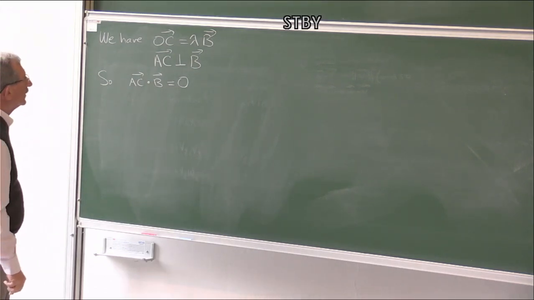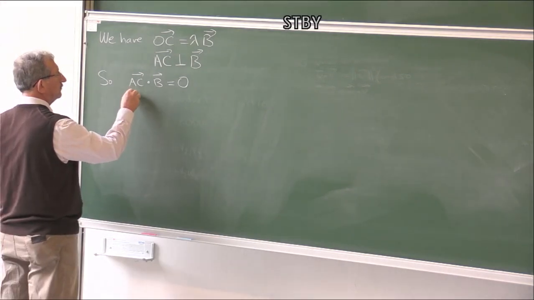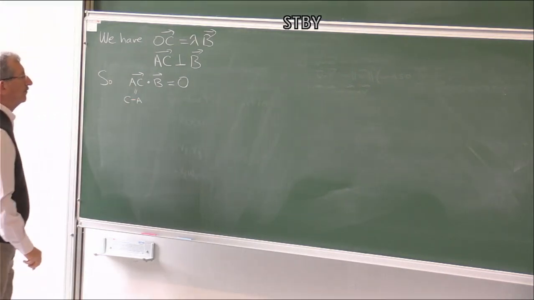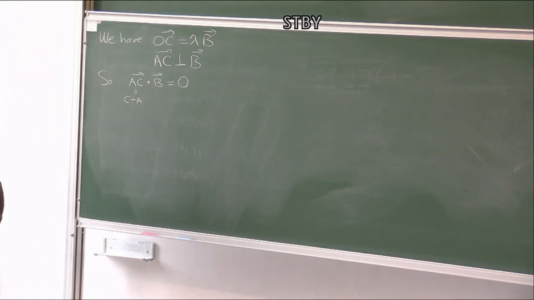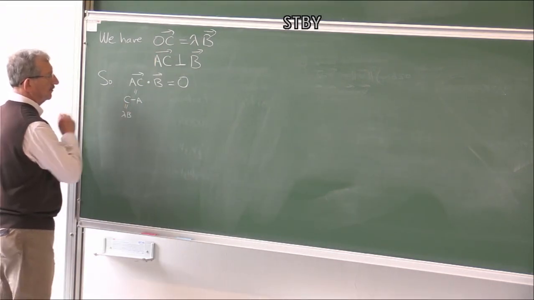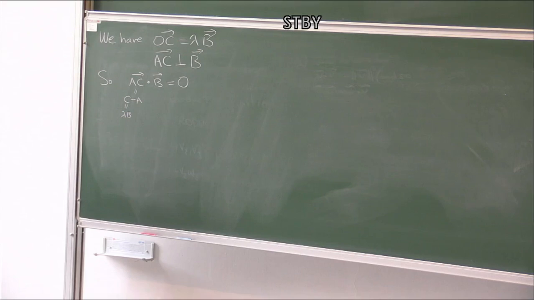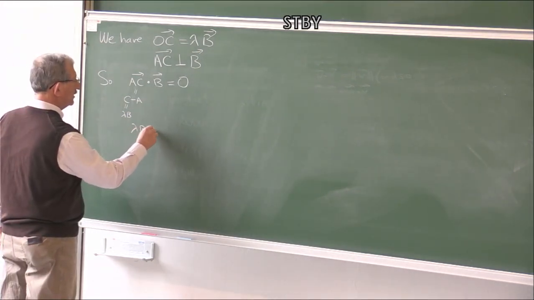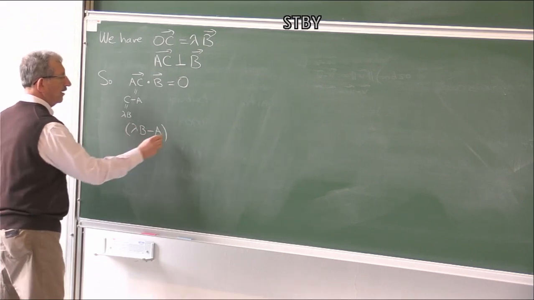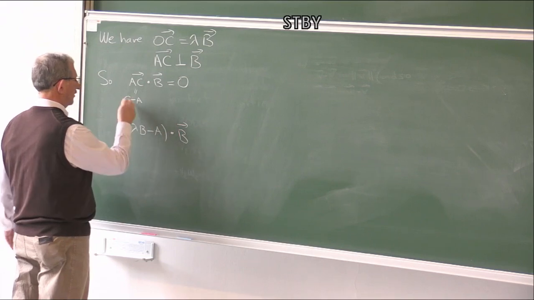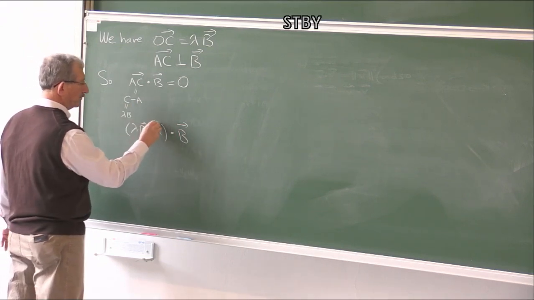Now AC is C minus A, and C, or OC, is lambda B. So putting everything in place, we have lambda B minus A dot B, of course I have all arrows here.